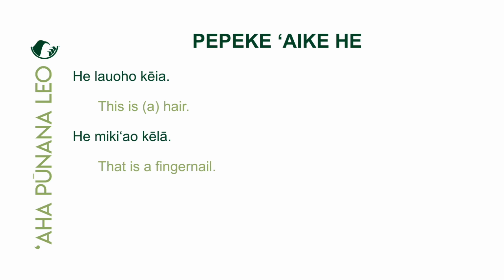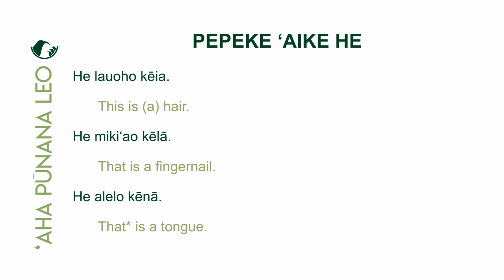That's a fingernail. And he ʻalelo kena. He ʻalelo kena. That close to you is a tongue. Okay? So we have he lauoho keia, he miki au kela, and he ʻalelo kena.